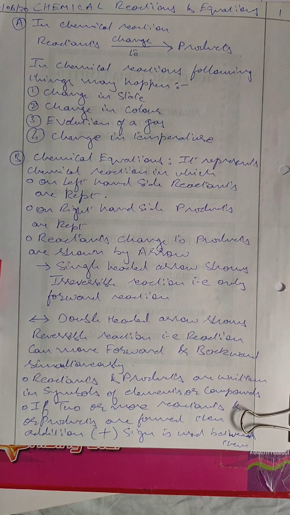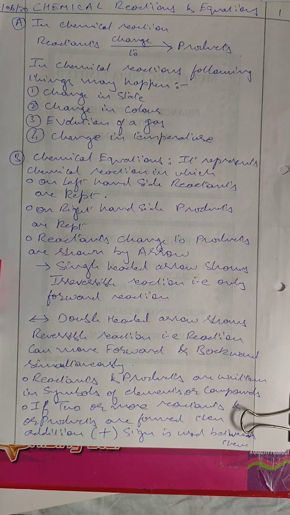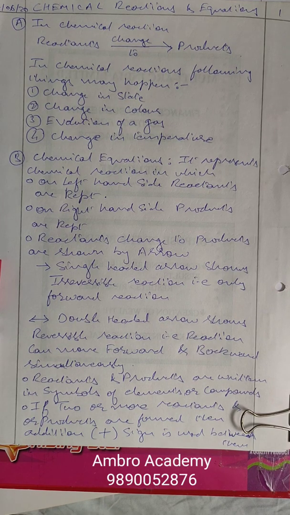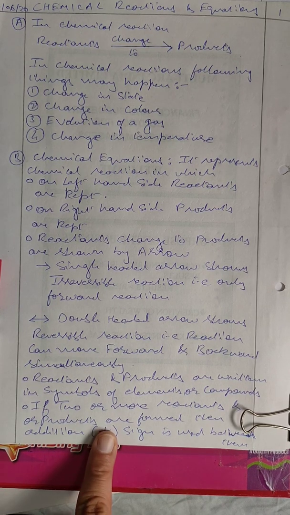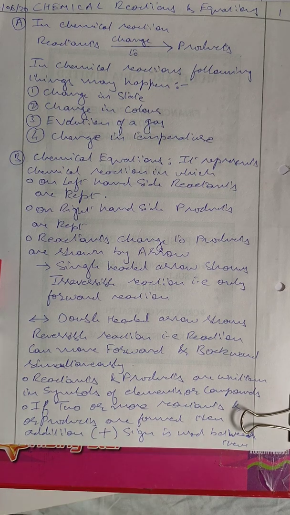We will not write elementary oxygen as a single O. So why we are writing this, what is the valency, everything we will learn, inshallah. If two or more reactants or products are taking part in the reaction, then we write an addition sign in between them, like H2 plus O2 will give H2O. In between we are using plus. So these are the basic terminology which we are going to study.